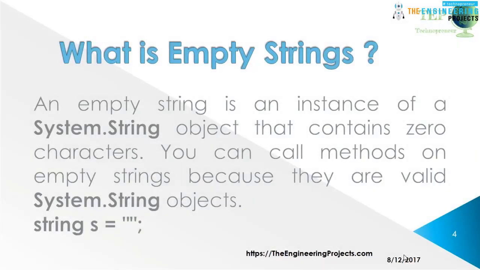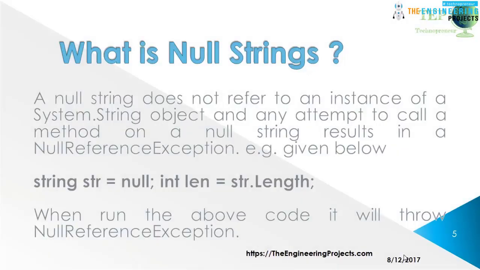An empty string is an instance of a System.String object that contains 0 characters. You can call methods on empty strings because they are valid string objects, such as string s is equal to "". A null string does not refer to an instance of a System.String object, and any attempt to call a method on a null string results in a null reference exception.